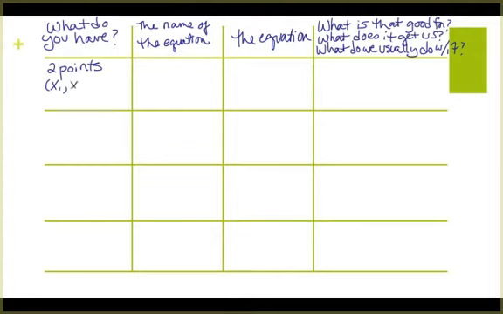If you know this information, what have we done with it in the past? Well, all we can do with that is find the slope. Right? Equation for slope, we can plug that information into here, and it gets us the slope.